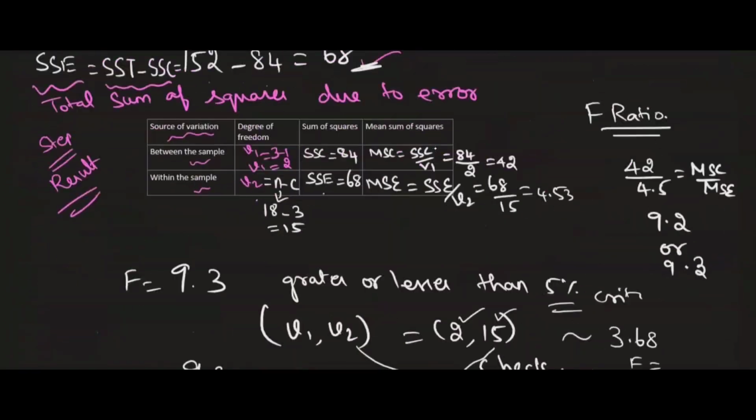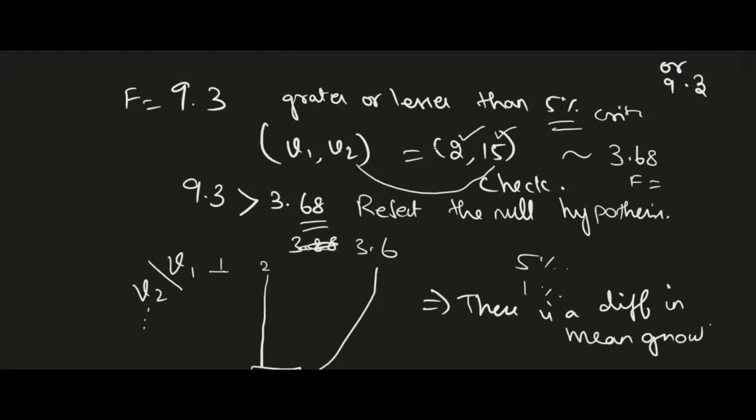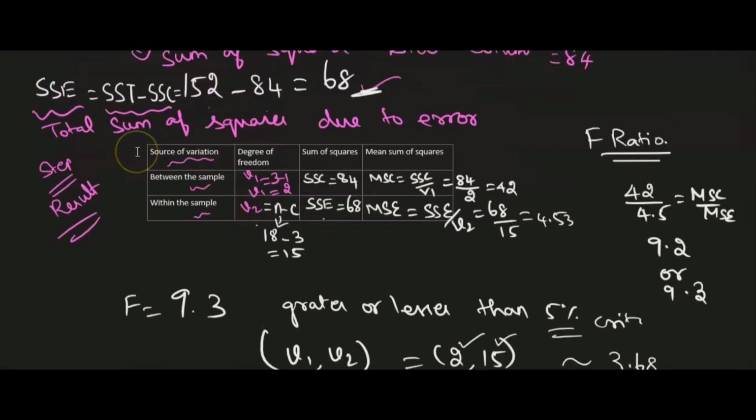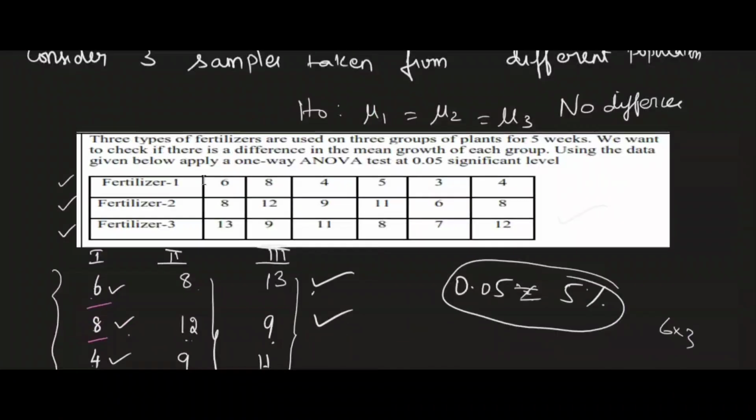Now I am rejecting the null hypothesis, which implies there is a difference in mean growth. The same thing, if you apply the calculations row-wise also, you will get a two-way ANOVA test. Since we are just comparing the samples, it is one-way ANOVA. Thank you.